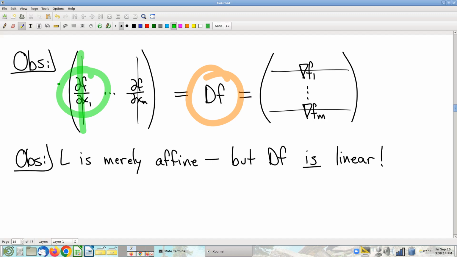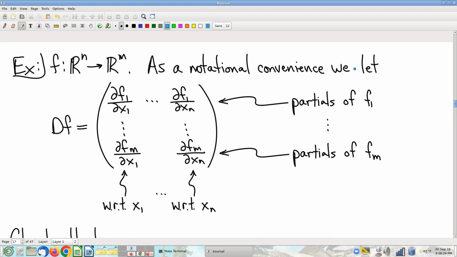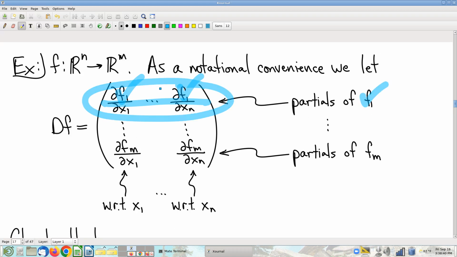So it's just an observation. The other thing I'll point out, and this one we have not previously noted, if you look at a row instead of a column, there's something really interesting about it. Let's come back up here to our general formula. What can I say about this row? Well, we've already observed we're taking partials of f1 everywhere in that row. That means that this is, in fact, all of the partials of that function f1.